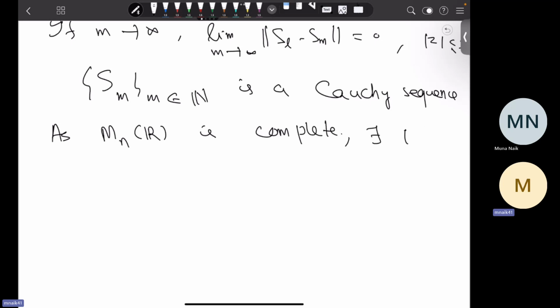So there exists B belonging to M_n(R) such that B is equal to the limit as m tends to infinity of Sm. And what is Sm?